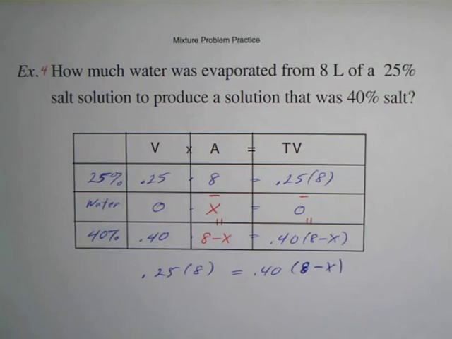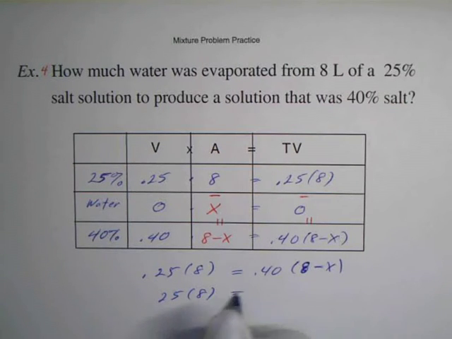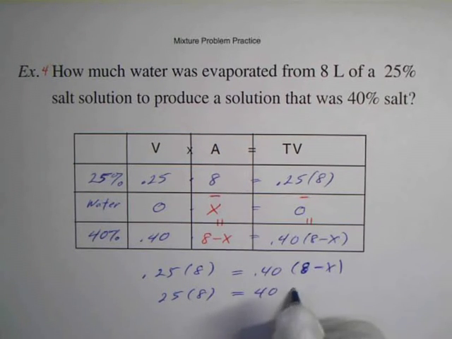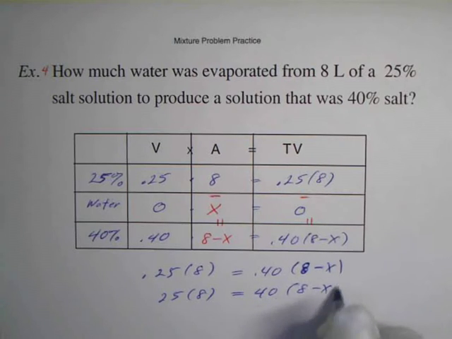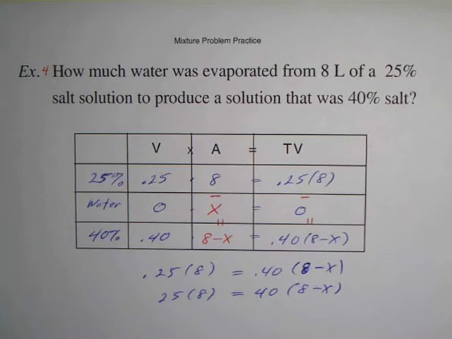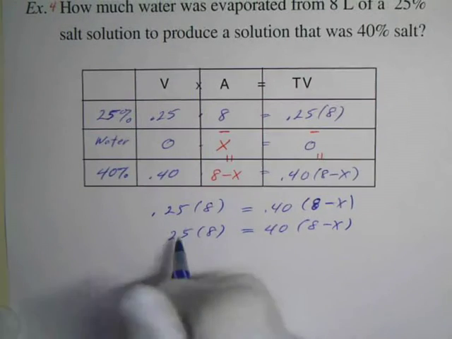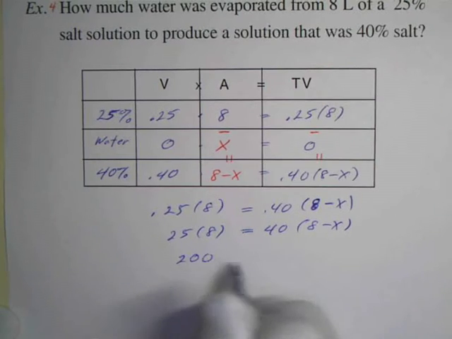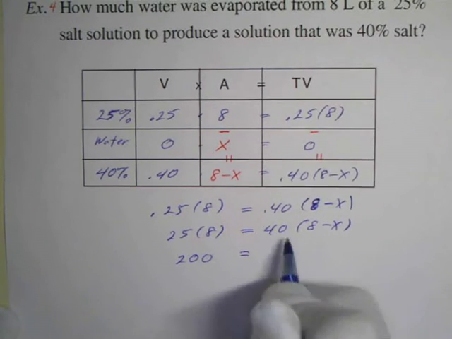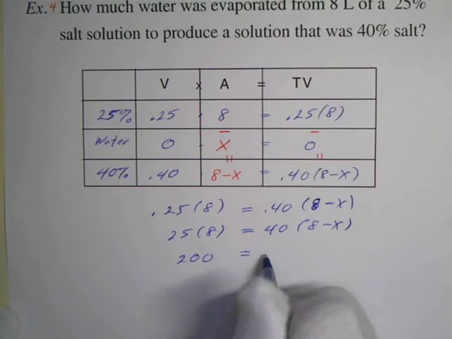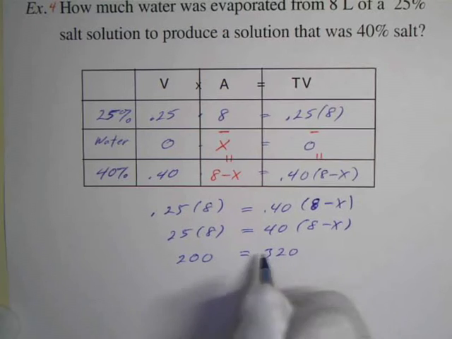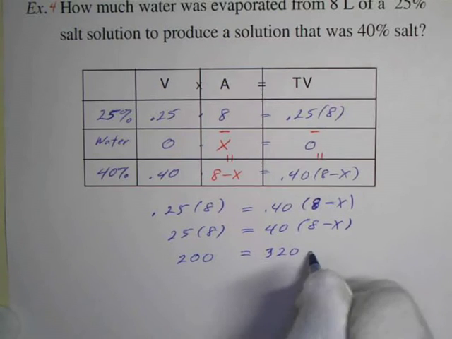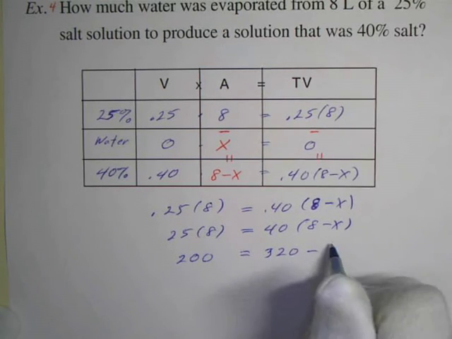And then we'll multiply both sides by 100. So we get 25 times 8 equals 40 times 8 minus X. And then 25 times 8 is 200. And 40 times 8 is going to be 320, minus 40x.